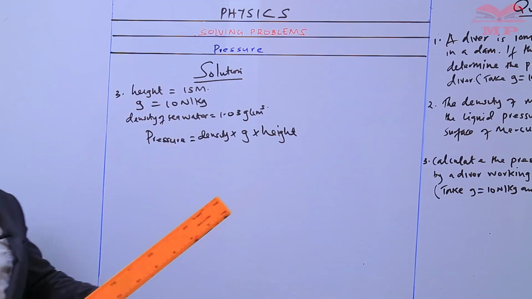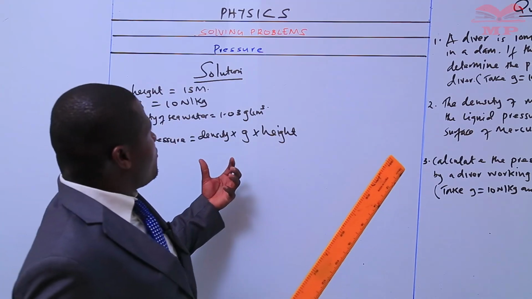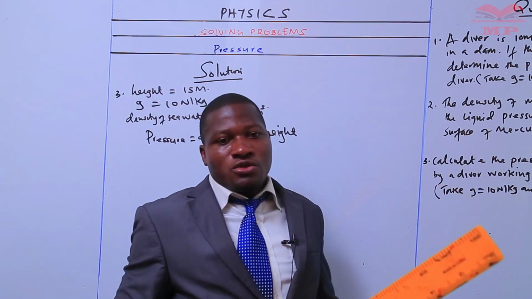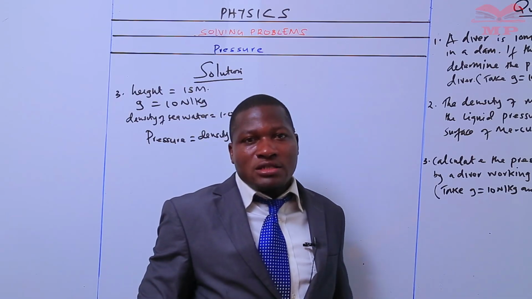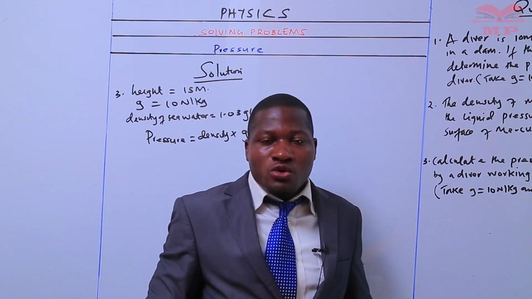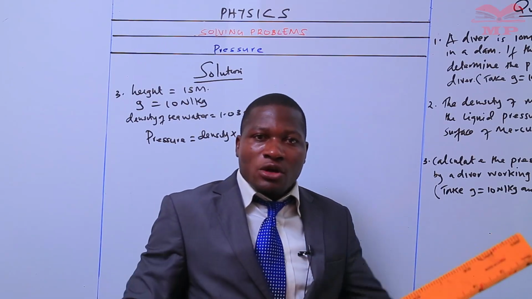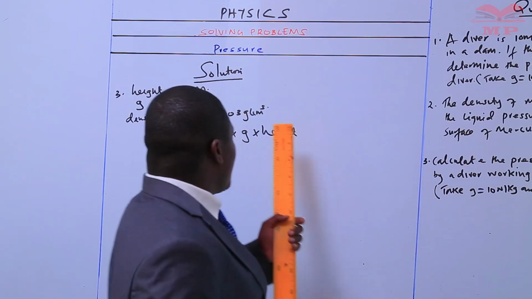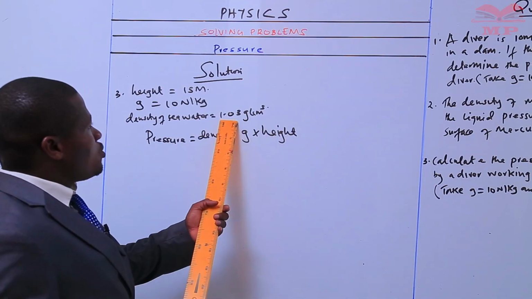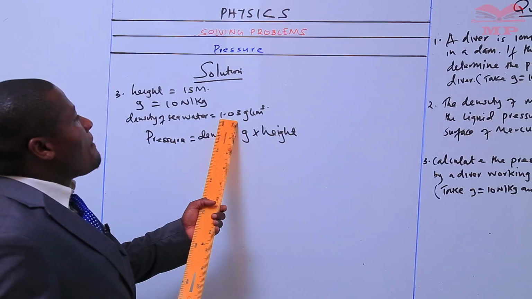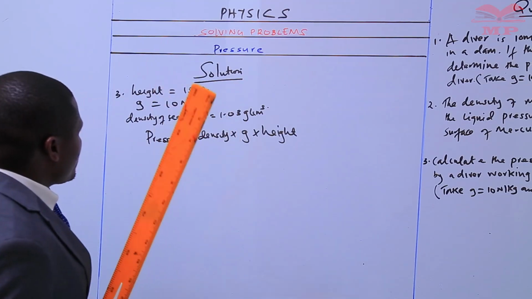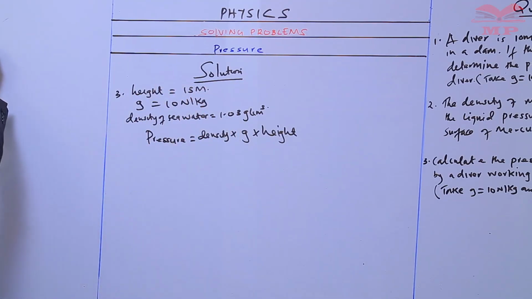But remember, we must convert all these parameters back to the SI unit. The SI unit of density is kilograms per cubic meter, so we must convert this one into kilograms per meter cubed.